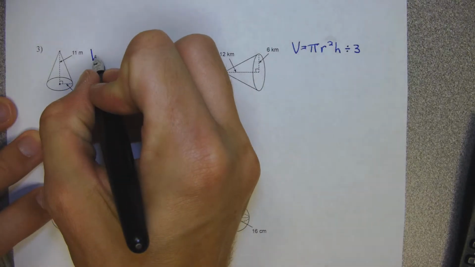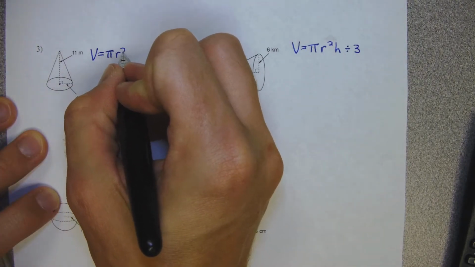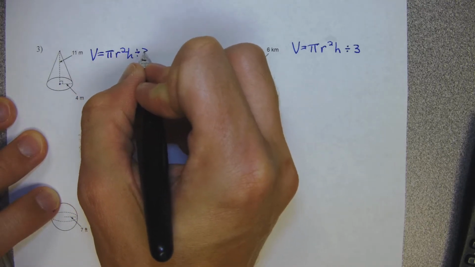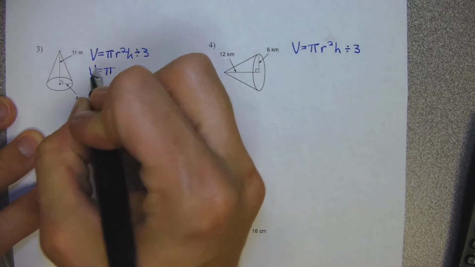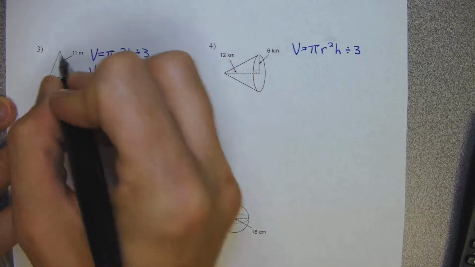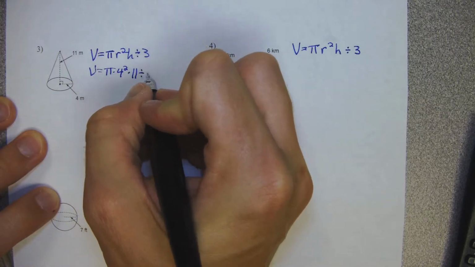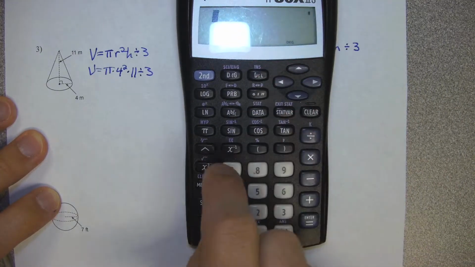So volume equals pi times our radius squared times the height divided by 3. So volume equals pi times our radius, in this case 4 squared, times our height, which is 11, all divided by 3. All right, let's plug it in. Whoop, helps if we can type.